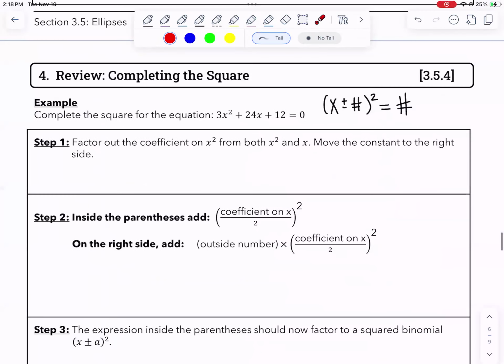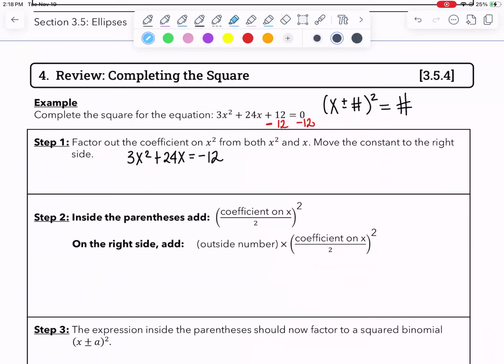So the way that this works, you start with this guy here. The constant on the end, we're going to move that to the other side immediately. Just don't want it there. And then once you've done that, you end up with 3x squared plus 24x equals negative 12.